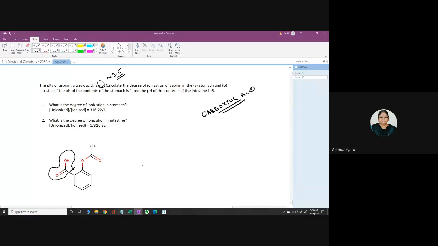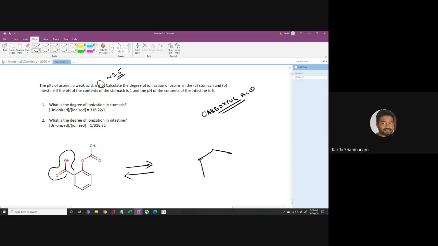So what will happen if we put this aspirin molecule in, say, water? There is going to be a structural change, right? The ionization is going to take place.